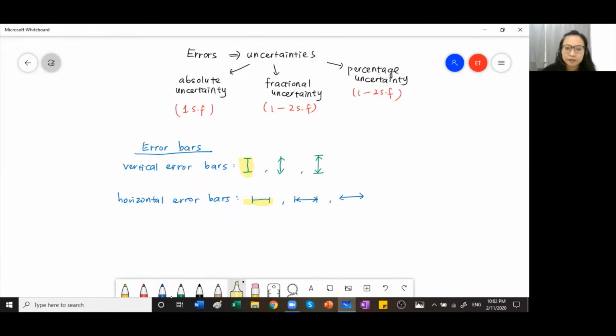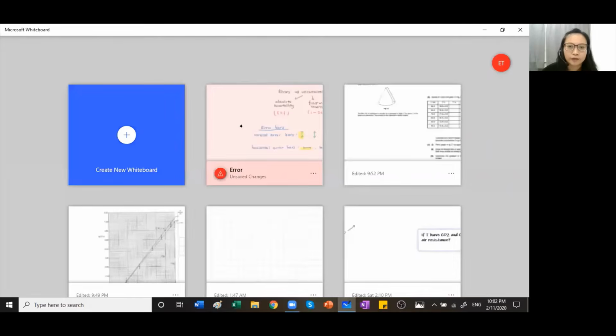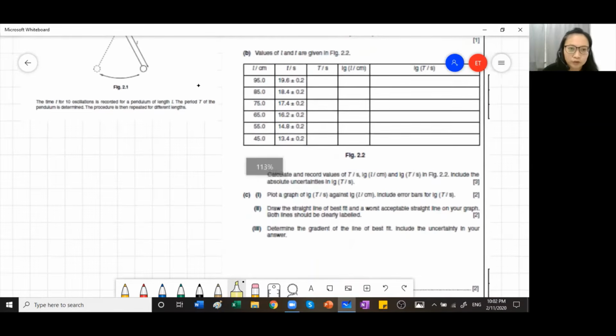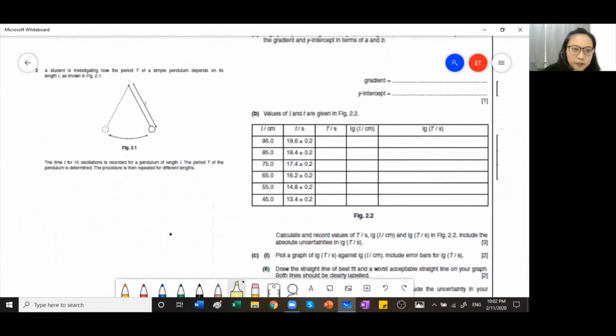Let us look at one of the past year questions so that it's easier for me to guide you. I'm going to read out the question. A student is investigating how the period of a simple pendulum depends on its length, as shown in figure 2.1, recording the time for 10 oscillations.